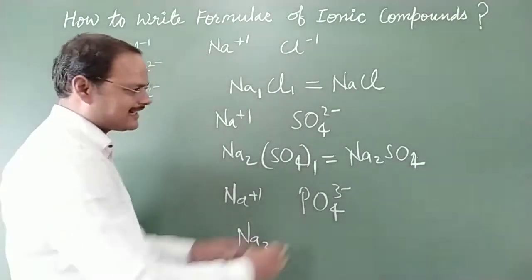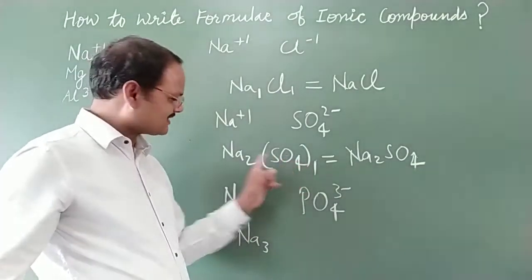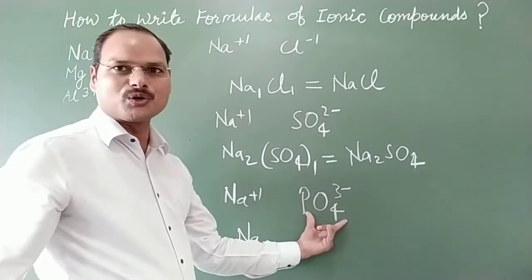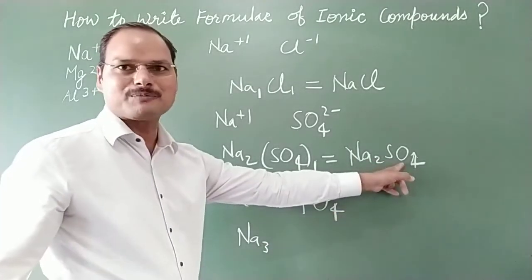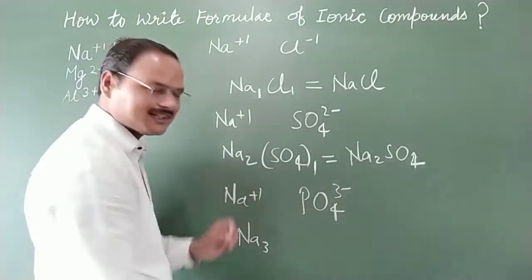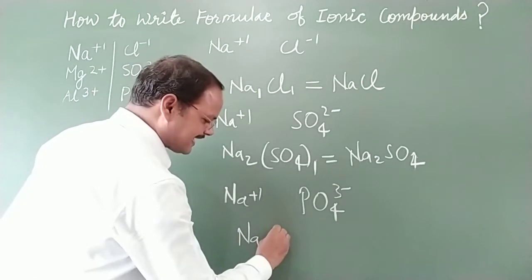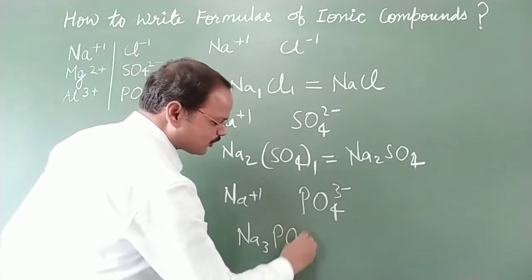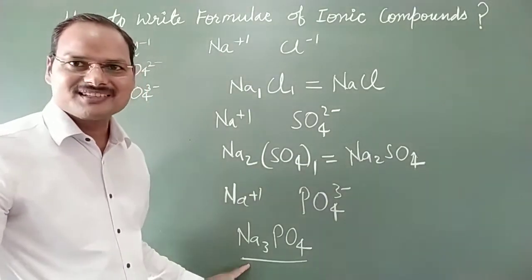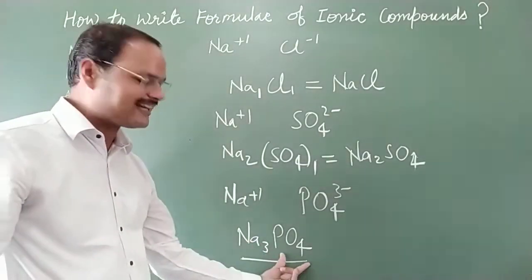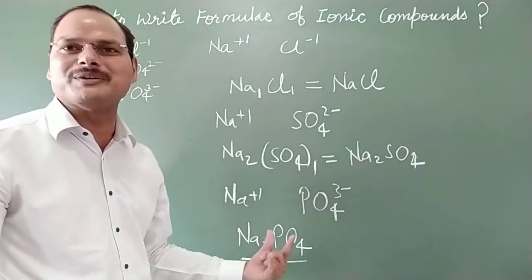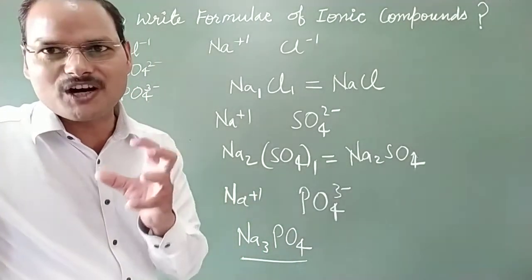Na3, and as I have explained, this 1 will be written with this PO4. In the same way we have to ignore this 1, and that's why the formula with sodium and phosphate will be Na3PO4. The name of this ion is sodium and this ion is phosphate. Therefore, the name of this Na3PO4 will be sodium phosphate.